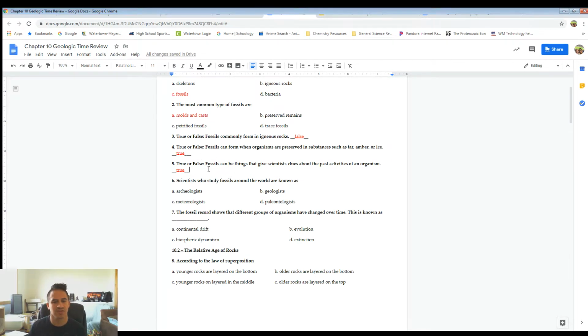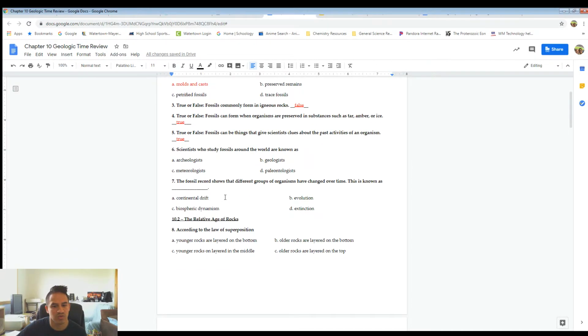Trace fossils are things like footprints, poop, could be feathers or eggs or things like that, where they give you ideas about what the organism used to do or where it used to live, but it's not a fossil of the organism itself. It's a fossil of something the organism left behind. So that is true. Number six, scientists who study fossils around the world are known as, these are paleontologists.